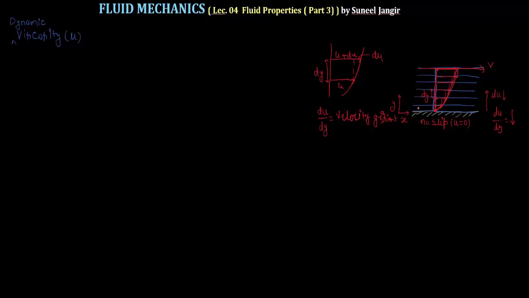Now, as we know, the flow is happening due to the shear forces. We are applying some shear force like that over this layer. That's why there is a flow here. So when we apply the shear force, the shear stress will be induced in between two layers.